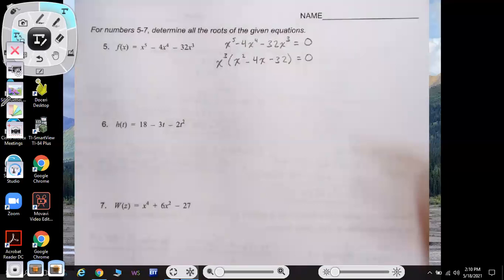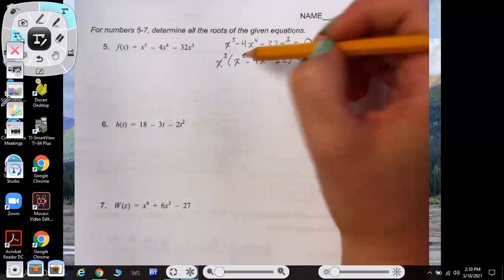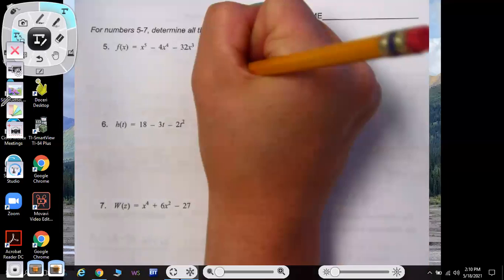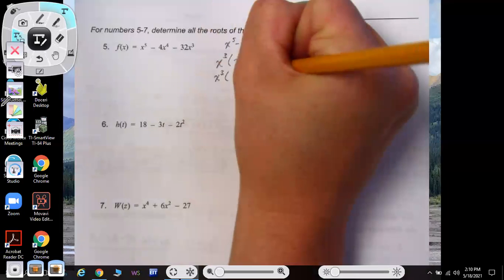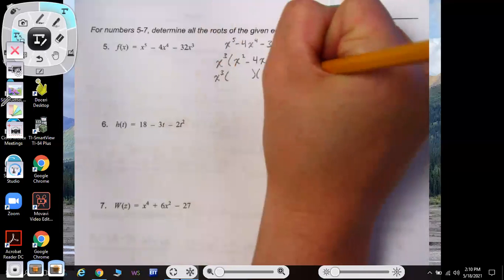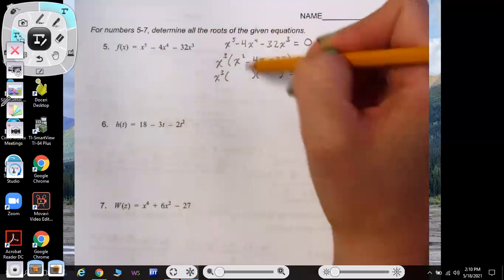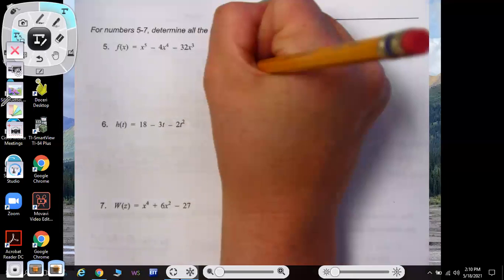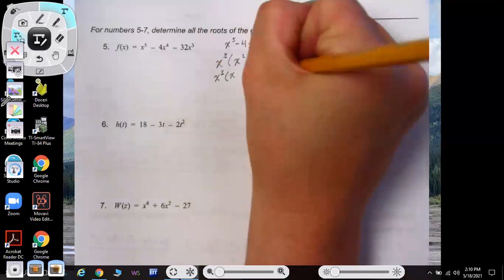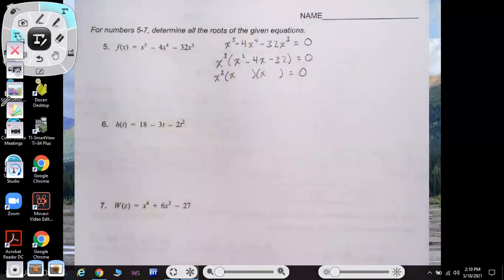Now what's inside this parentheses is a quadratic equation. So the way that you factor a quadratic equation is into two sets of parentheses. This first term, x squared, when you take the square root, that's what goes in the front of both of these sets of parentheses. The square root of x squared is just x.